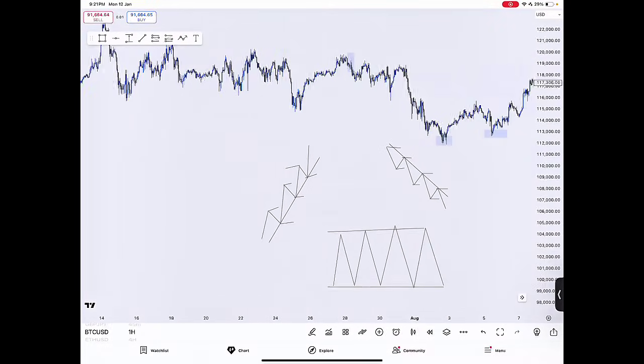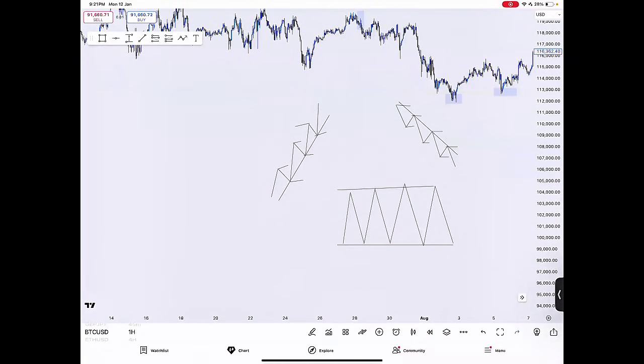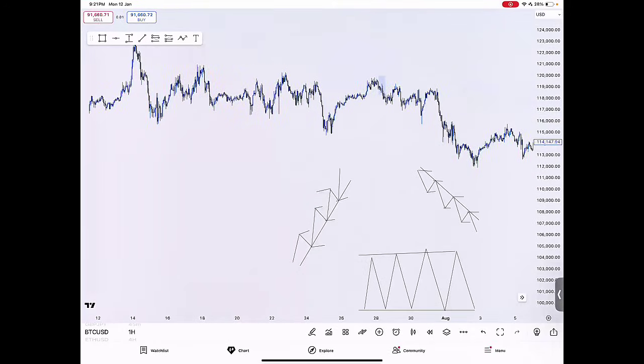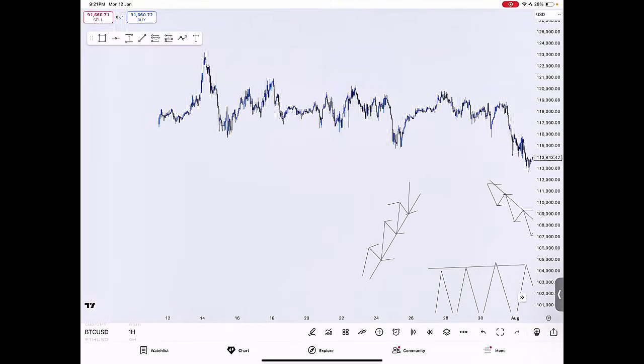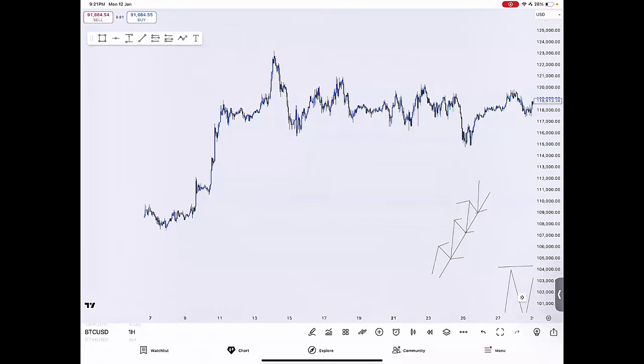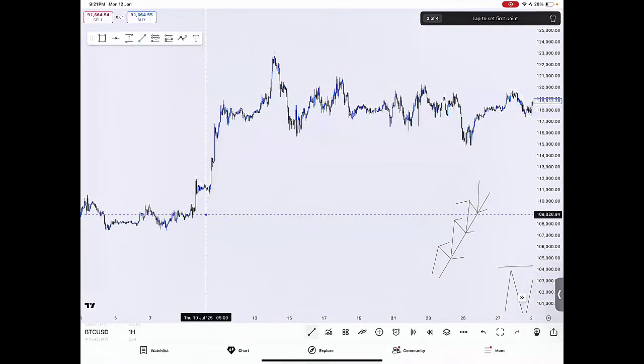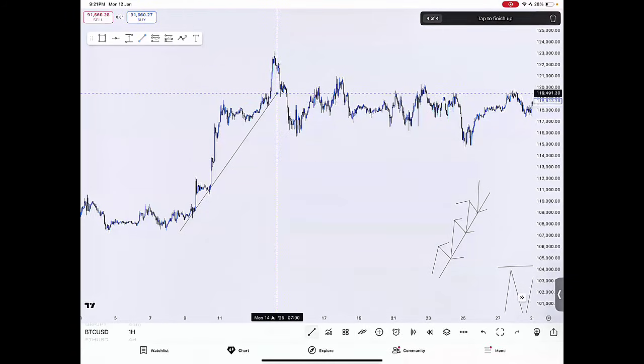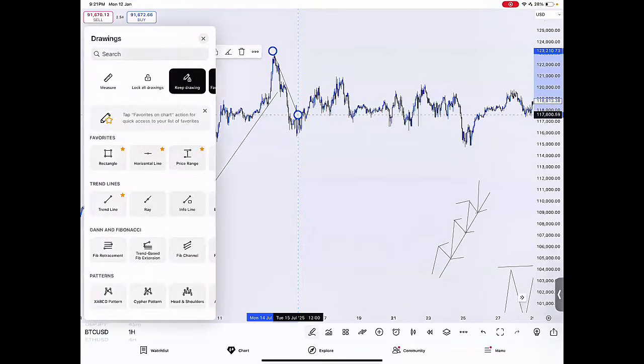Okay, so these are the three patterns in which markets make their movement: the uptrend, the downtrend, and the ranging market. There's no way you open up your charts and wouldn't see the market either trending to the upside, trending to the downside, or ranging. It's always fixed. Either price is trending up, trending down, or ranging.